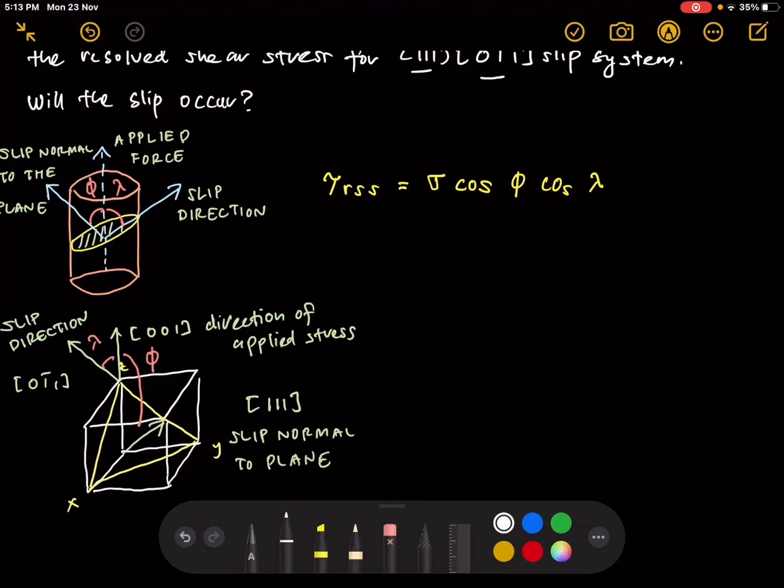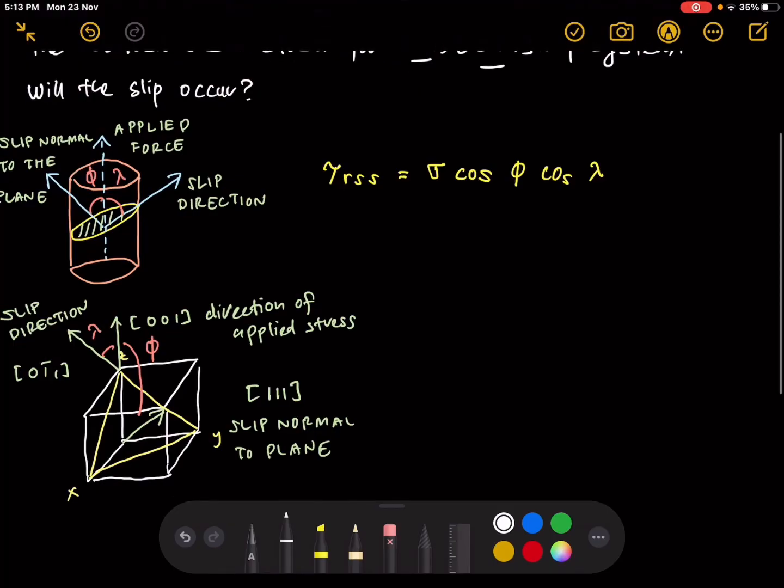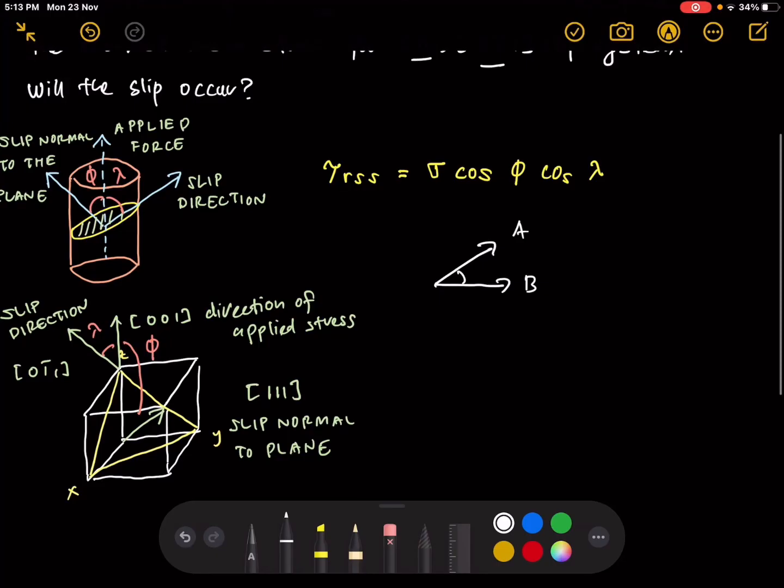Okay, so now we have two arbitrary vectors, let's say A and B. We have an angle between these two that we call theta.